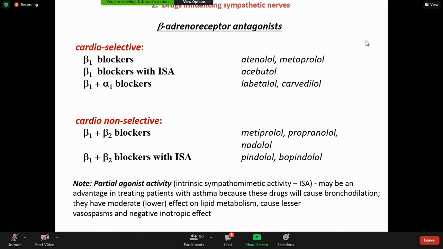If a patient is diabetic, that patient is on an anti-diabetic drug, and the purpose of using an anti-diabetic drug is to reduce the blood sugar level, right? So why do we have to be very careful if we are using non-selective beta blockers in a diabetic patient? Anyone?